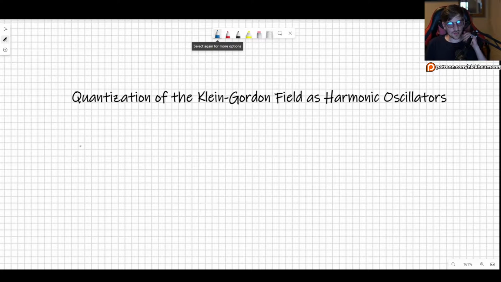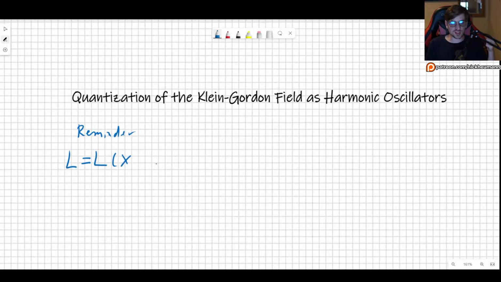So let's begin with a quick reminder of classical field theory. Actually, this is not even classical field theory at this point, just a little bit of classical mechanics. In the case of a single particle, we had a Lagrangian that depended on the position of the particle and also its first time derivative, or its velocity.